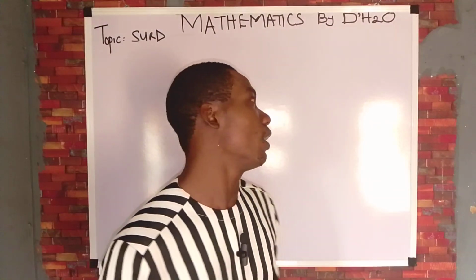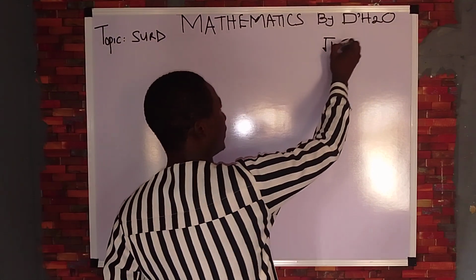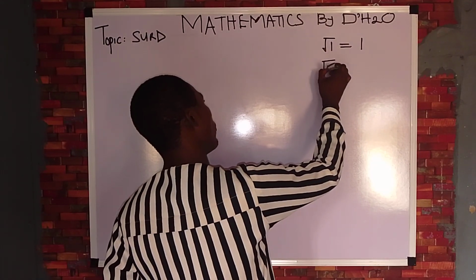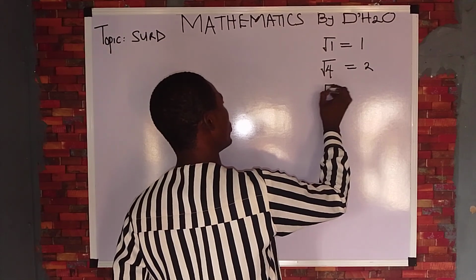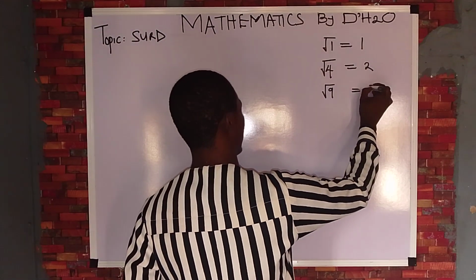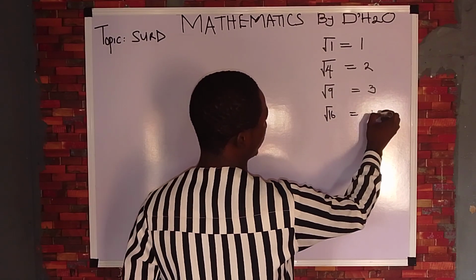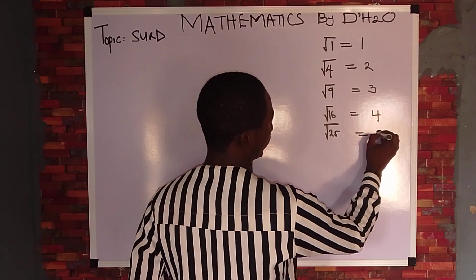Don't forget that if I have the square root of 1, it will give us 1. The square root of 4 will give us 2. The square root of 9 will give us 3. The square root of 16 will give us 4. The square root of 25 will give us 5.